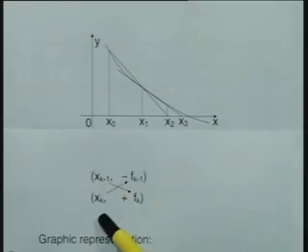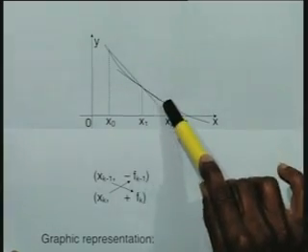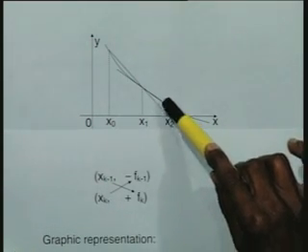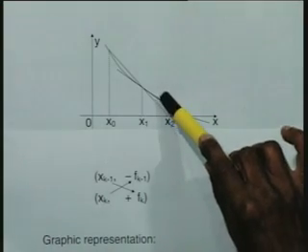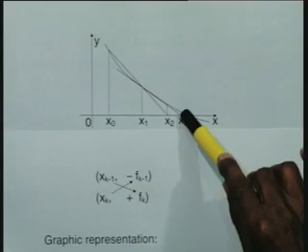Now it goes in a sequence, we are not testing whether the root is lying anywhere, we are just going in a sequence, that is all. Then we join x1, f1 and x2, f2, draw a line, and it will cut at x3. Now I take f3, I join the points x2, f2 and x3, f3 and so on. So the convergence will be going from this side to this particular root.